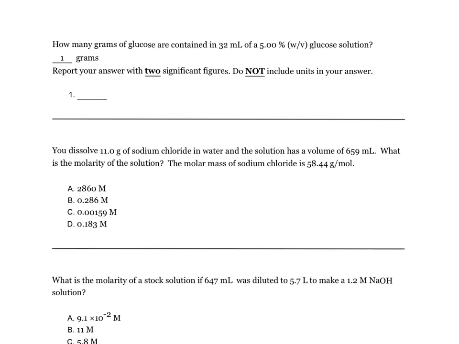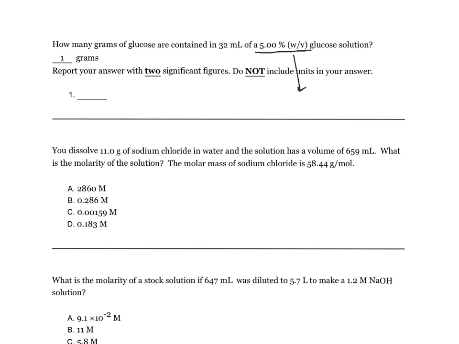How many grams of glucose are contained in 32 milliliters of a 5% weight to volume glucose solution? Report your answer with two significant figures and do not include units in your answer. So 5% weight to volume.